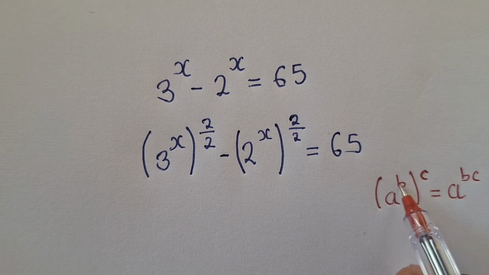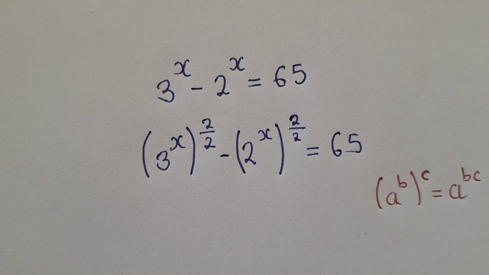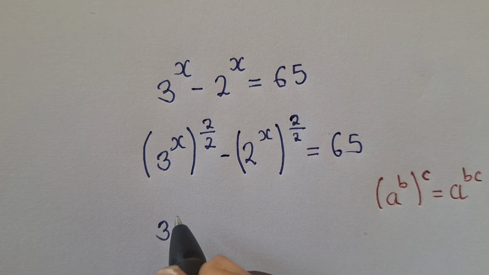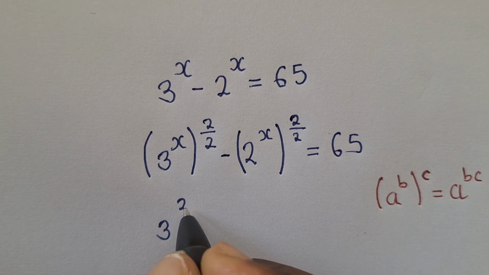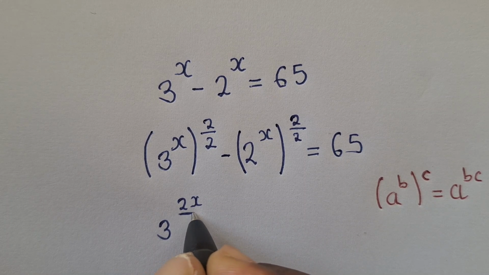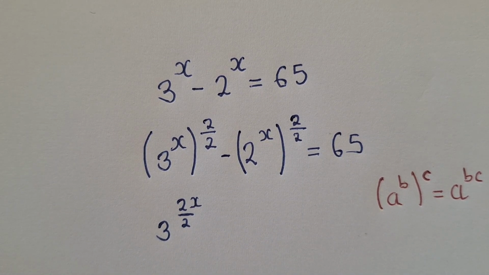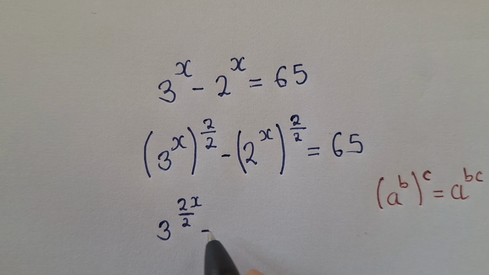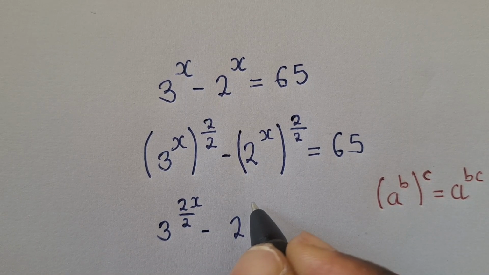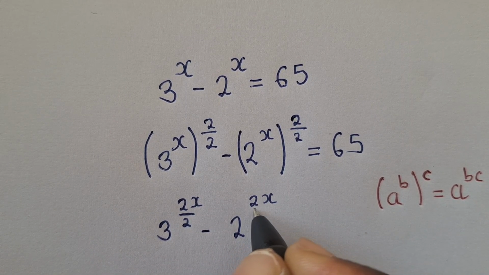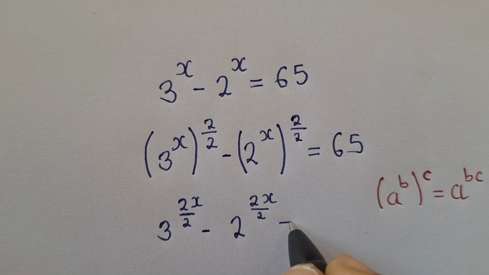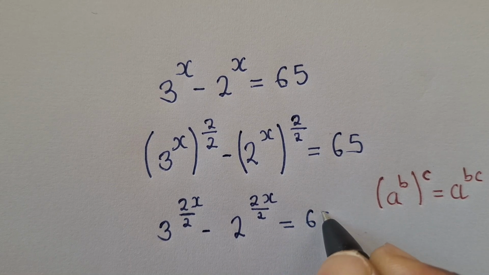So power to power, you multiply them, and this is the property I want to use. So we shall have 3 power 2x over a 2, and then we say minus 2 power 2x over a 2 is equal to 65.